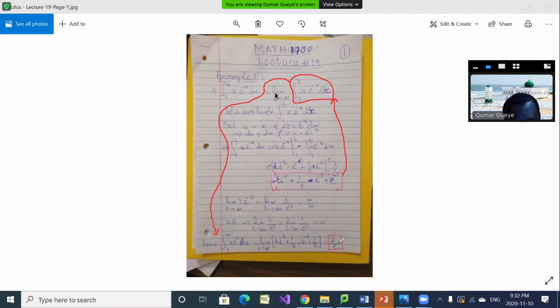Any question regarding the first example? You all good?